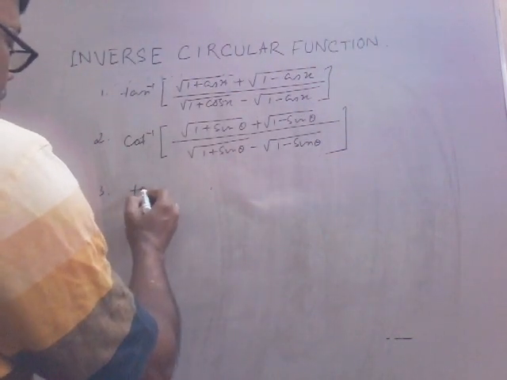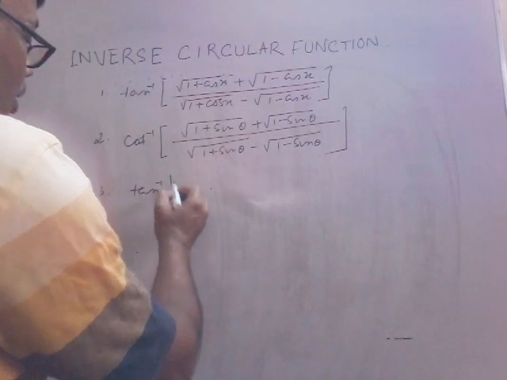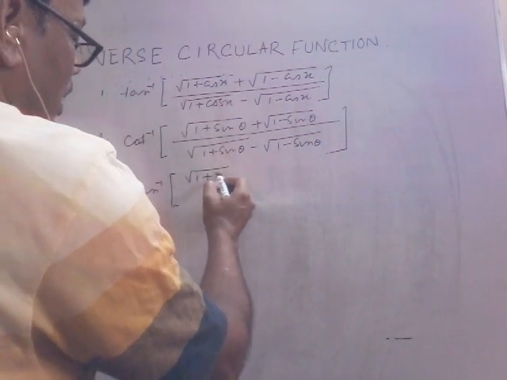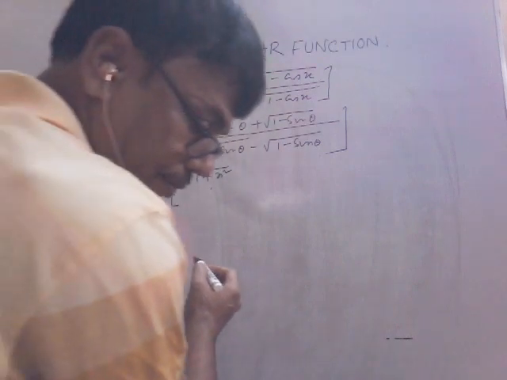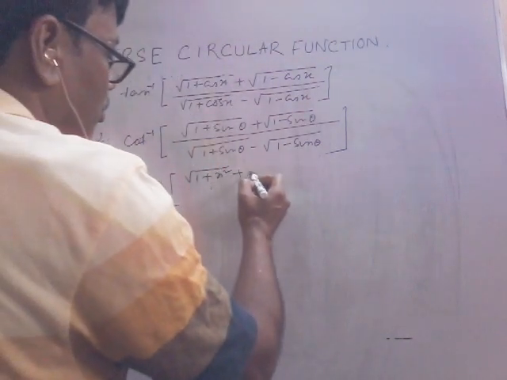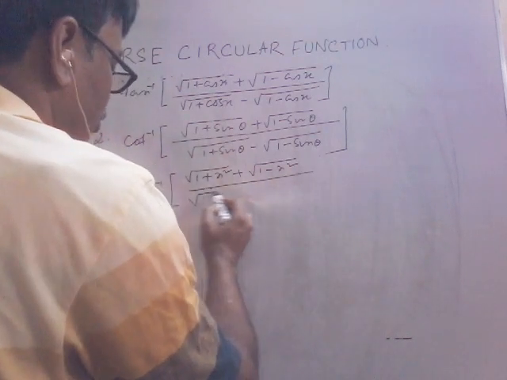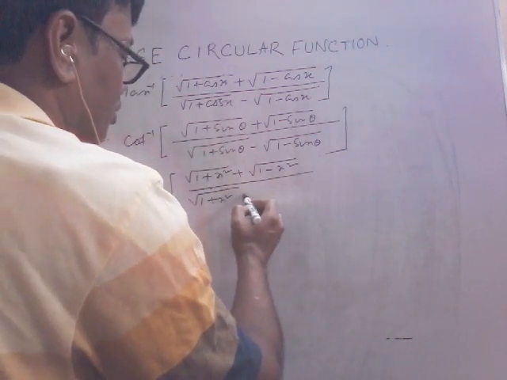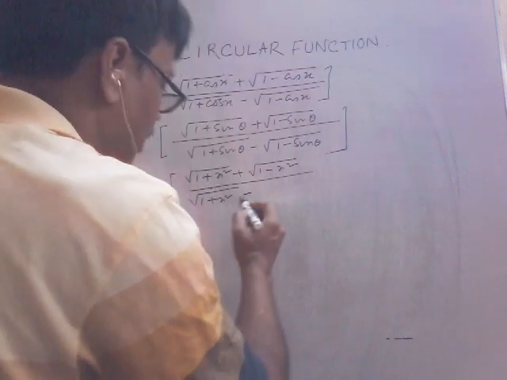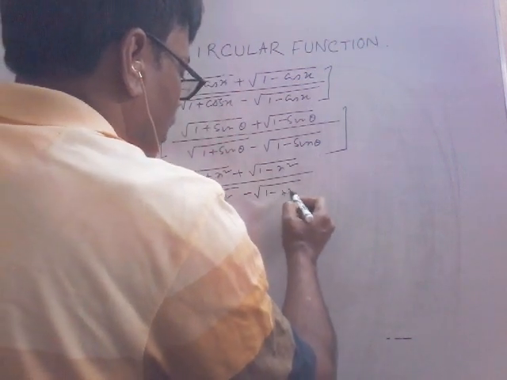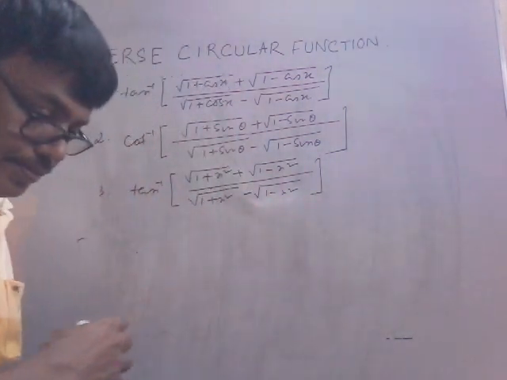Number 3, tan inverse of root over 1 plus x square plus root over 1 minus x square, divided by root over 1 plus x square minus root over 1 minus x square.